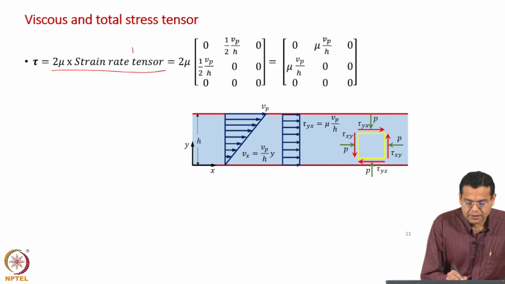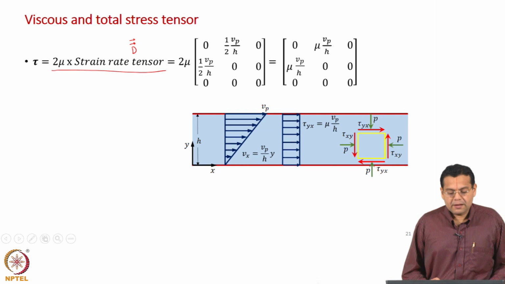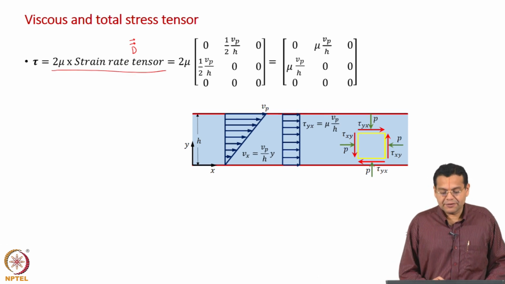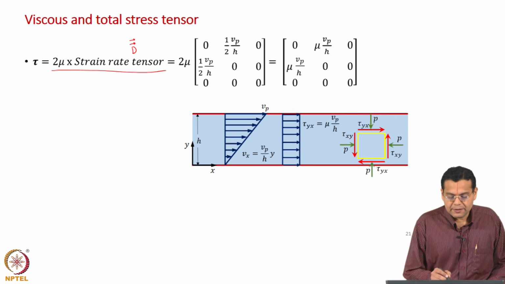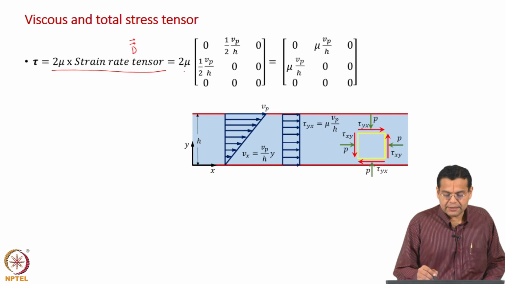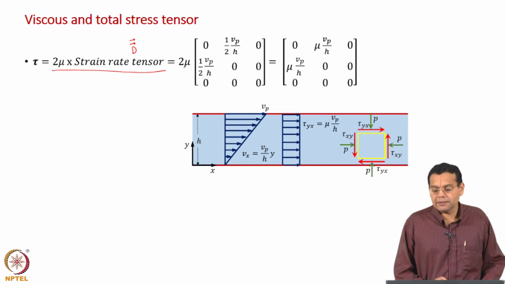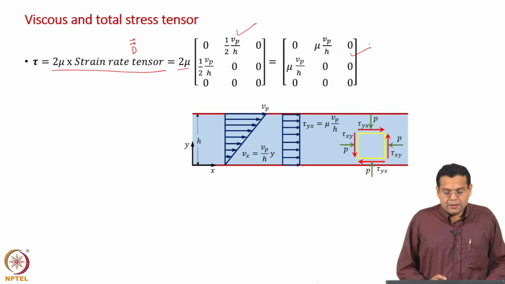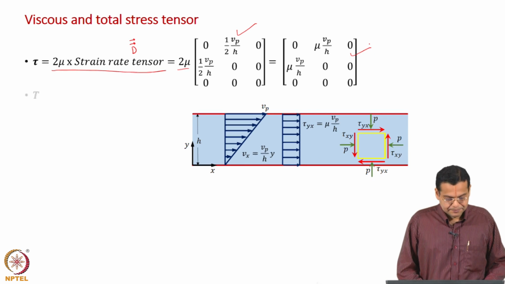We have used d for this. Substitute the strain rate tensor we found two slides back, multiply by 2 mu, and you will get the viscous stress tensor.